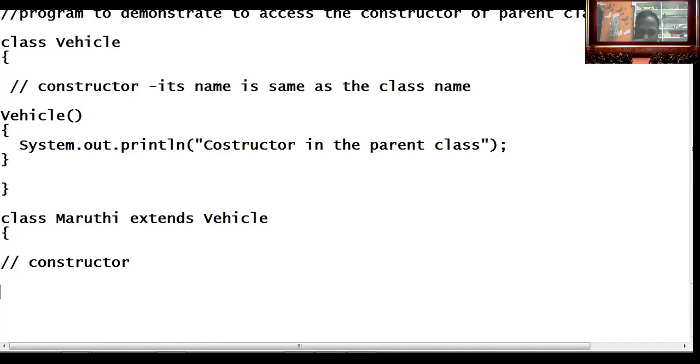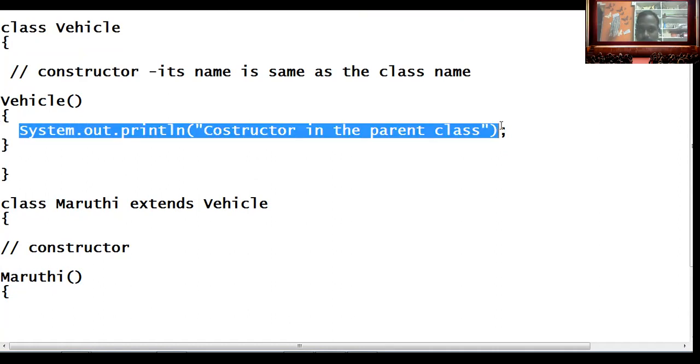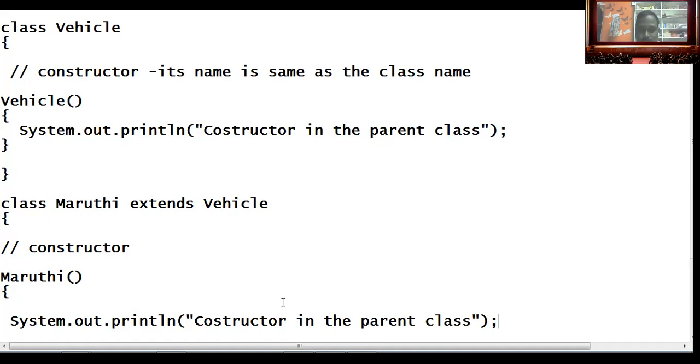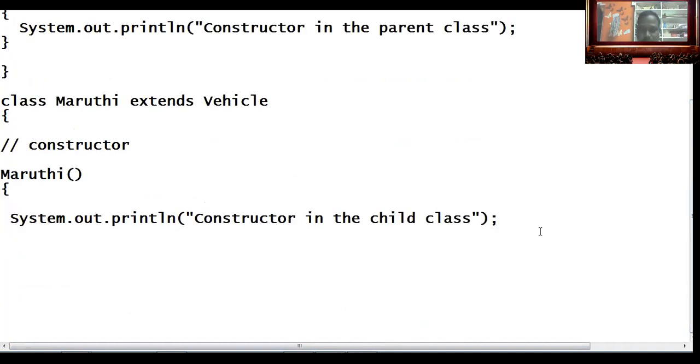So the constructor Maruti. Here I have one statement; Control C, Control V: "constructor in the child class".